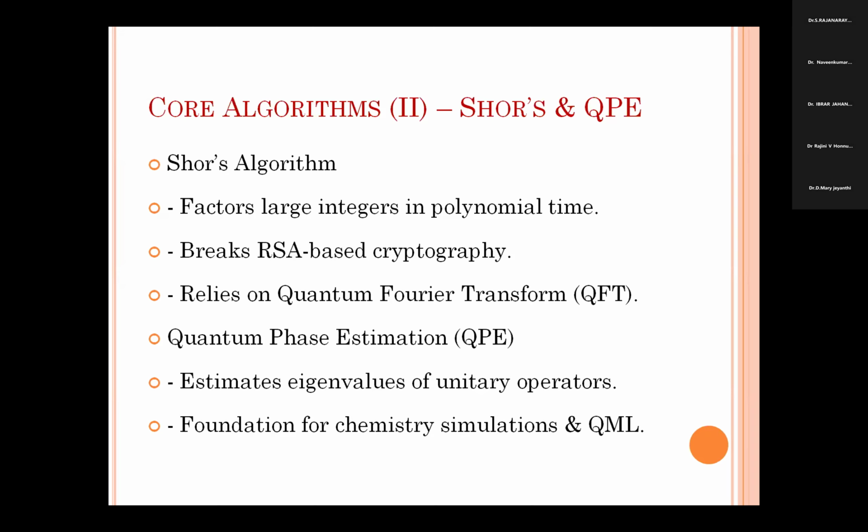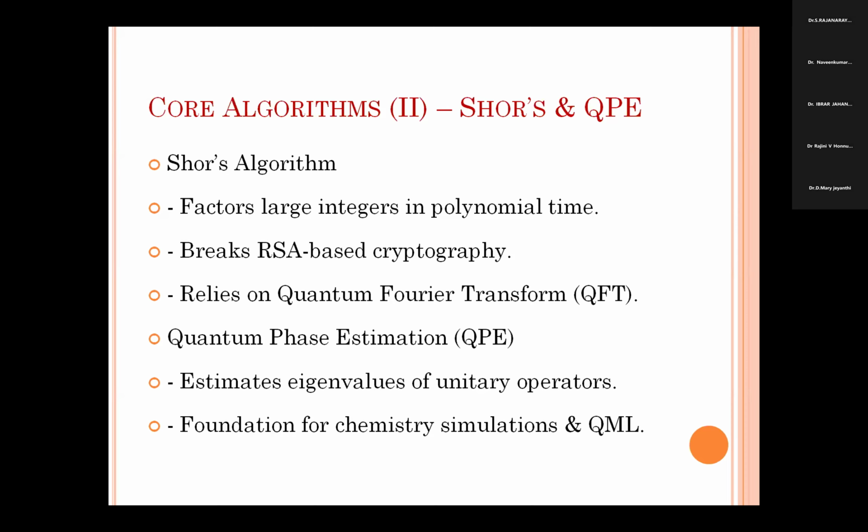Shor's algorithm efficiently factors large numbers n, breaking classical crypto systems like RSA. Classical factoring takes exponential time. So what does Shor's algorithm mean? Make it clear: you have to distinguish between classical and quantum.